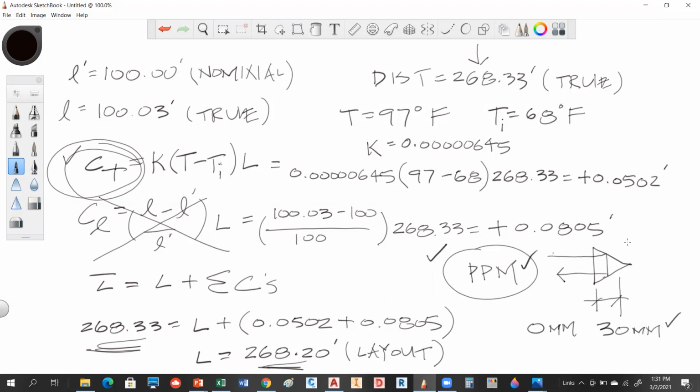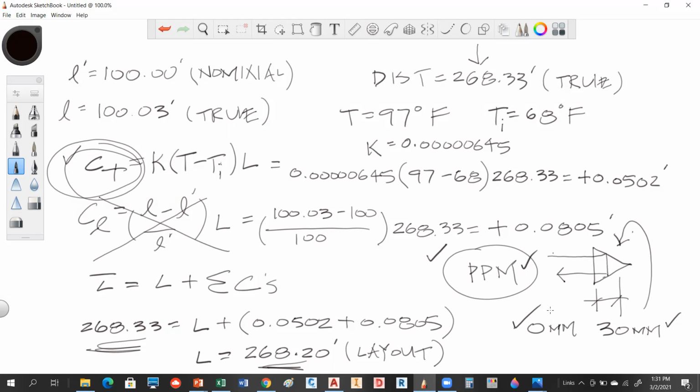If you're using a 30 millimeter prism to do your measurement with, but your EDM is set to 0, what's happening every time you shoot your distance? It's adding 30 millimeters. Yeah, it could be adding or subtracting, correct. Now, here's another question. That's a good answer. But let me ask you, does it matter how long that distance is?